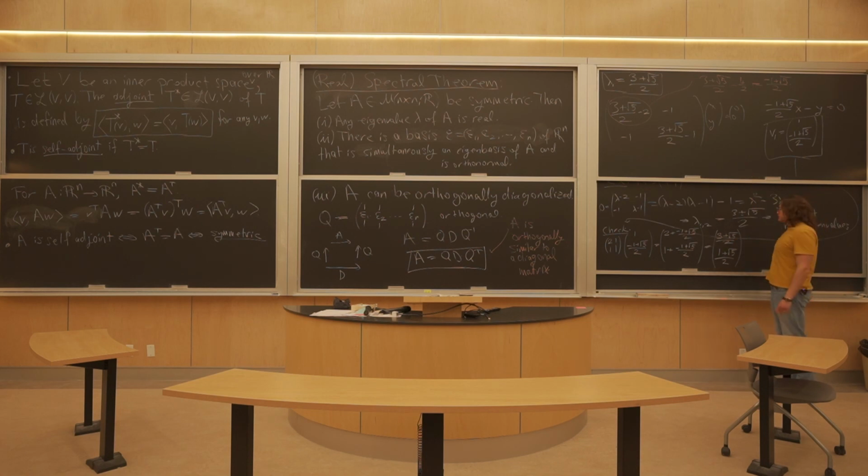Because that's over there. So if I were to factor that number out, I would get this here. In the first entry, I would get 1. In the second entry, I would get this divided by this. So this is 2 over (3 plus root 5) times (1 plus root 5) divided by 2.